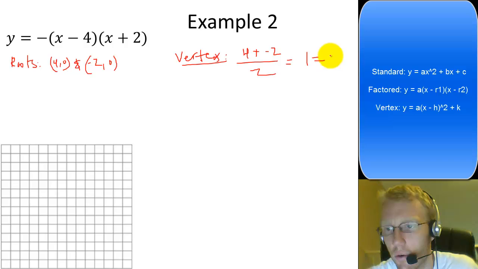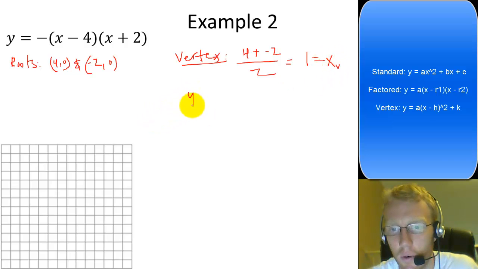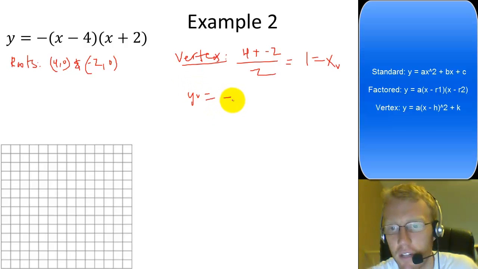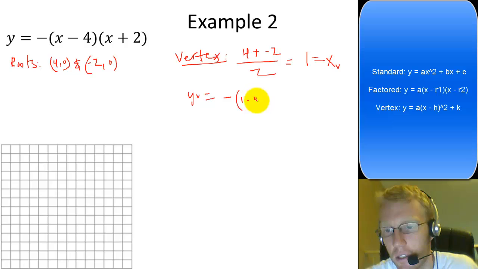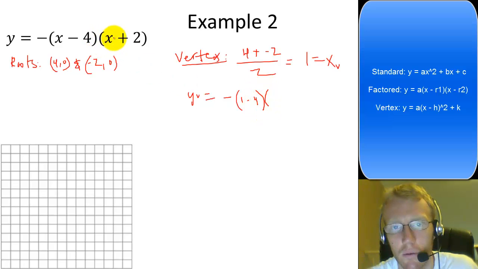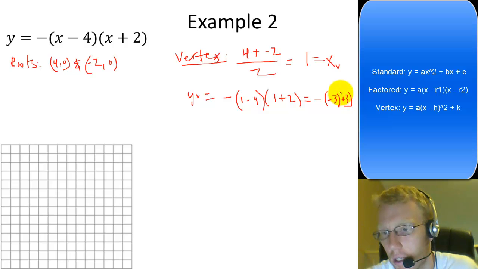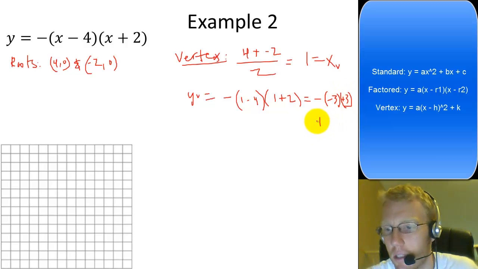That's the x-coordinate. To get the y-coordinate of the vertex, we take that and we plug it back in the original. So we have negative times 1 minus 4, times 1 plus 2. That's negative times -3 times +3, which comes out to be +9.